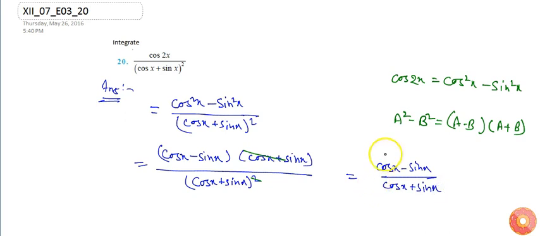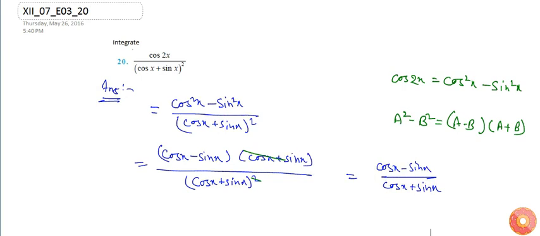So now we have changed the expression in a form such that we can use the substitution method here, since the derivative of sin x plus cos x, which is cos x minus sin x, is available in the numerator.